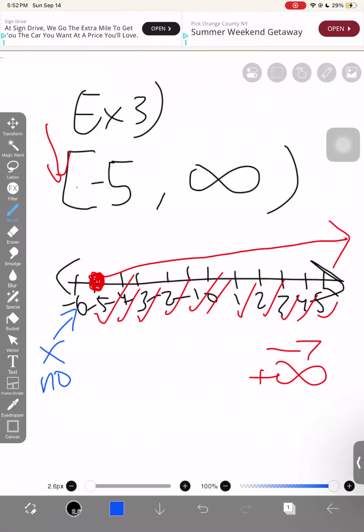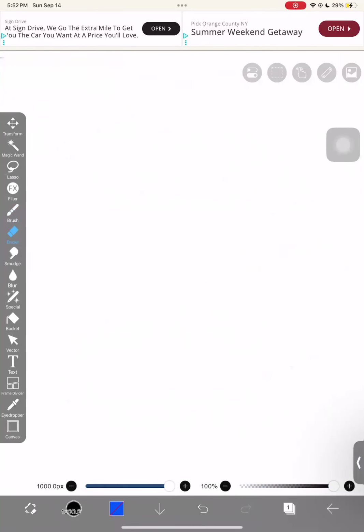And essentially that's pretty much how we view it. If we were to draw this in interval notation, what we would do is, our value x has to exist between what?